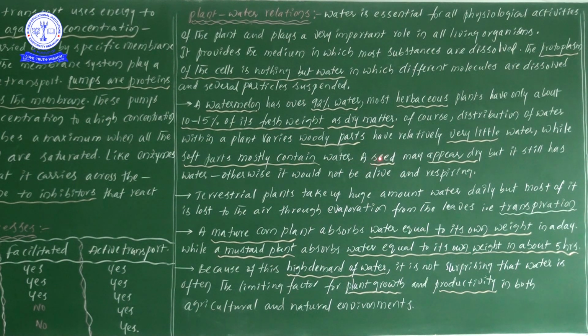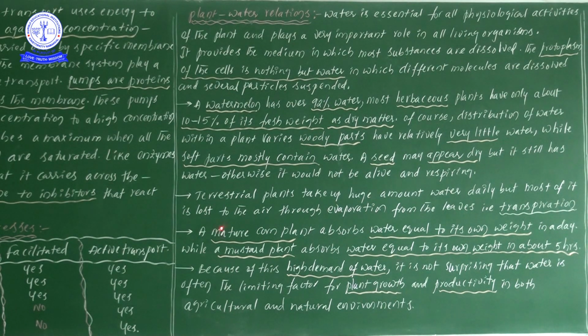Even seeds that seem very dry have some amount of water for the completion of their respiratory activities and to stay alive. Otherwise, if the seed does not contain the required amount of water, it will not be alive. And if the seed does not contain suitable or optimum levels of water, that particular seed cannot complete its respiratory activities. I hope you understood this.